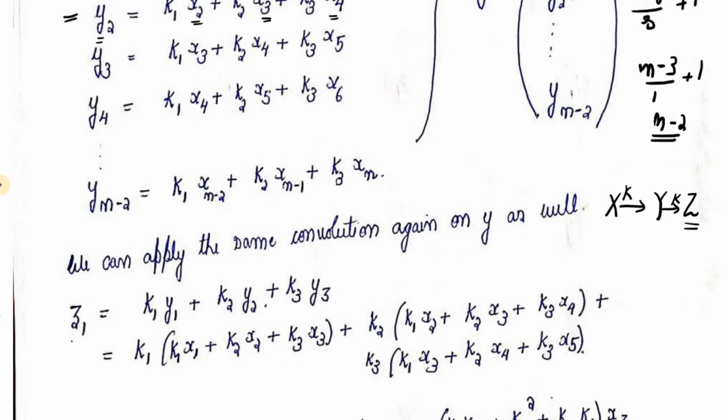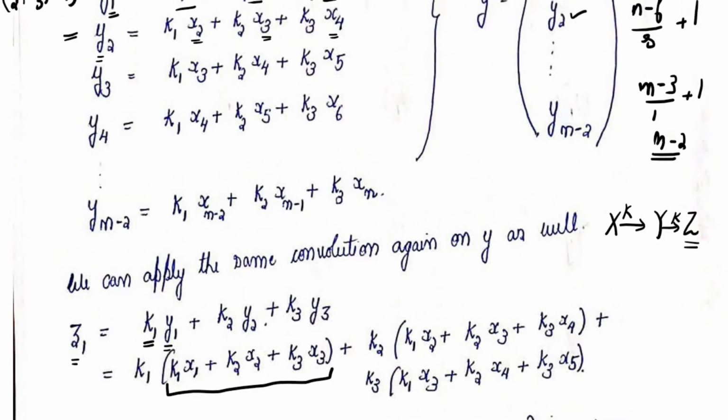The first element of z is z1, which is nothing but taking the first 3 elements of y and calculating the dot product of the kernel values with them, which is k1 y1, k2 y2, k3 y3. We substitute the value of y1 which we calculated a step above, and similarly we substitute the values of y2 and y3.